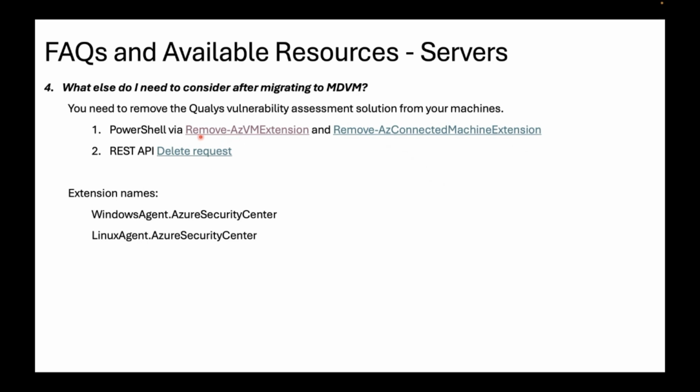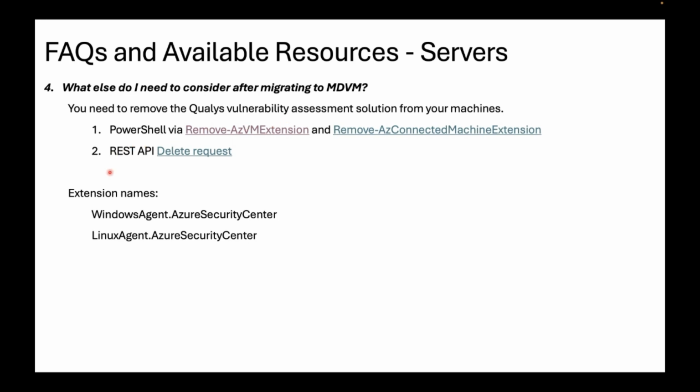For an Azure VM, you will use Remove-AzVMExtension. For Arc, you're going to use Remove-AzConnectedMachineExtension. The command itself is pretty similar, so you will just add additional information such as the extension name and the virtual machine name or the Azure Arc machine name, and then once that extension is removed, the Qualys agent is going to be uninstalled from the operating system.